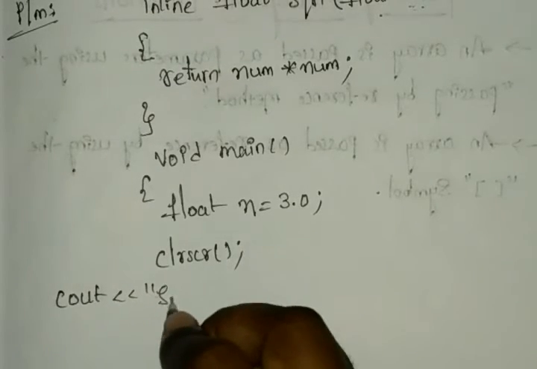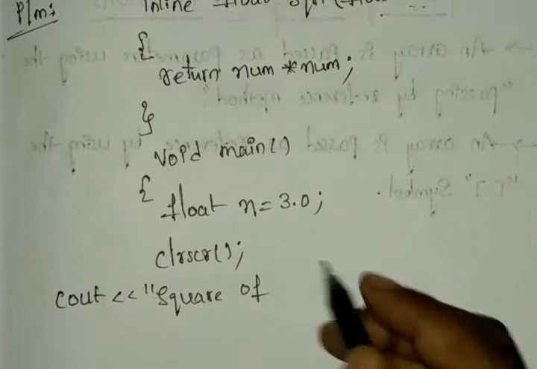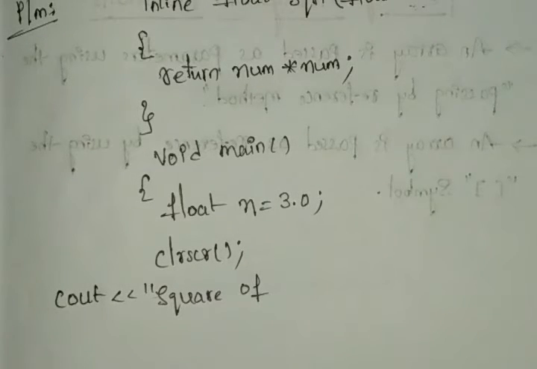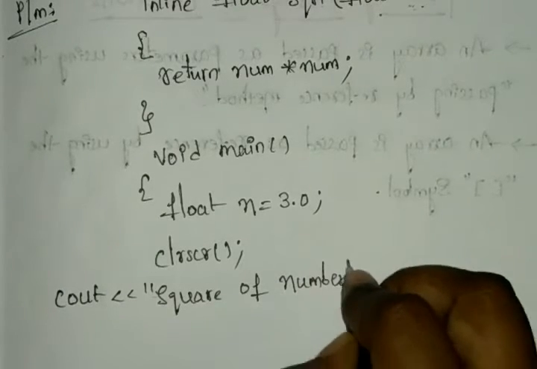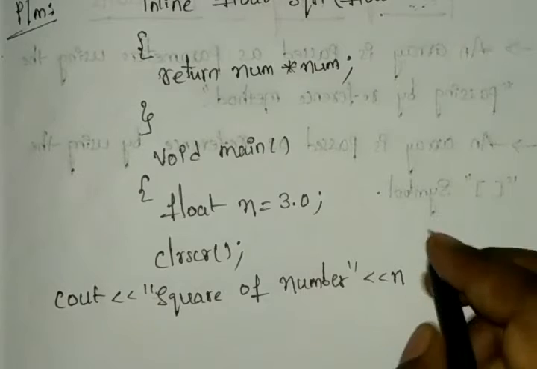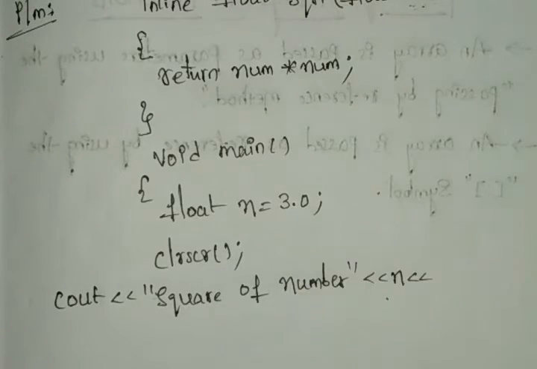Open quotes, square of number. What we took here is the function name sqrt, so for that case we need to write the executable statement. In the form of cout, meaning C output, square of number and n. n means whatever value you have here.